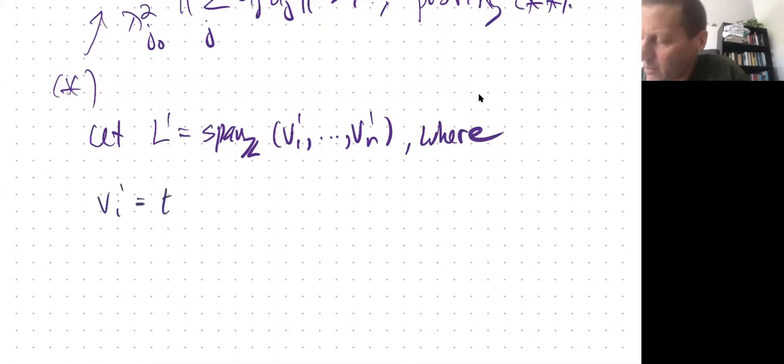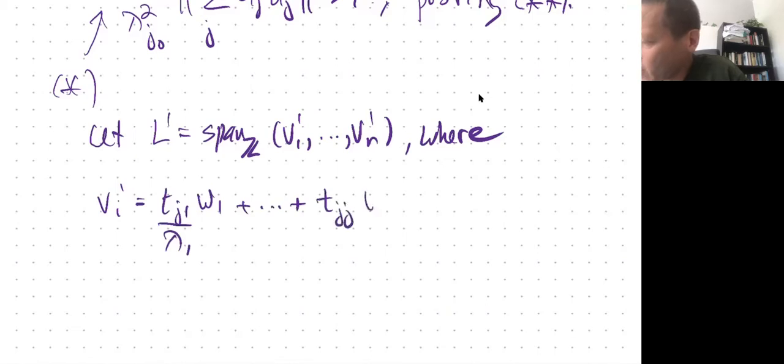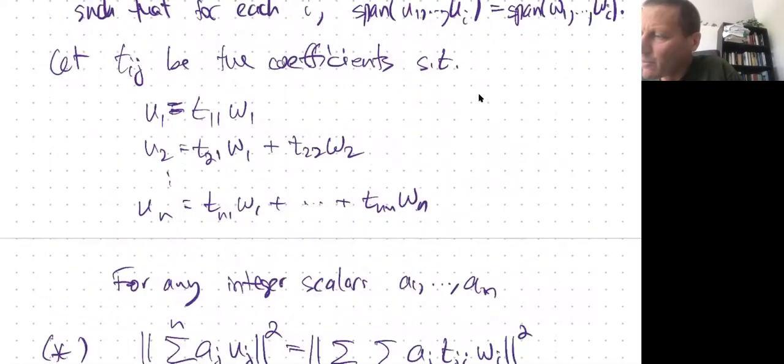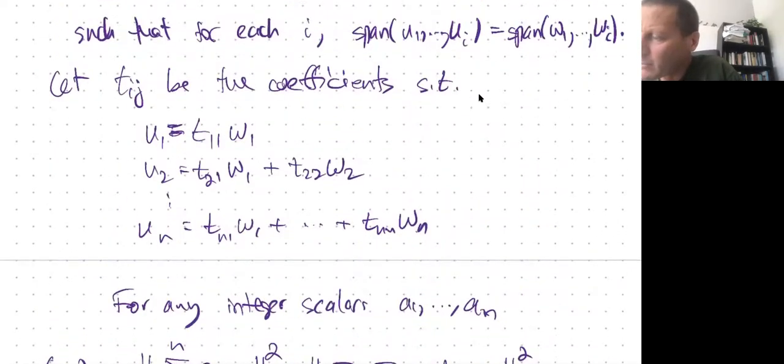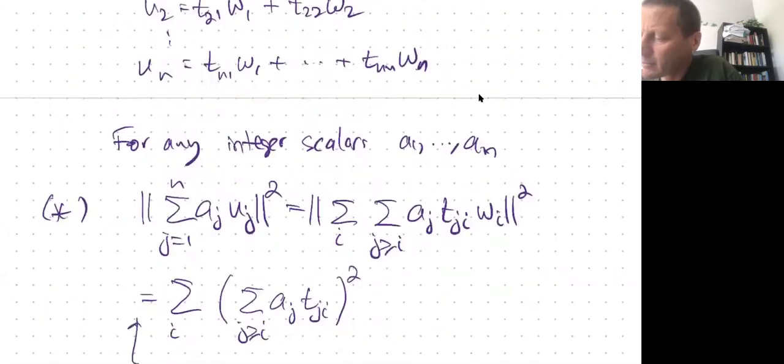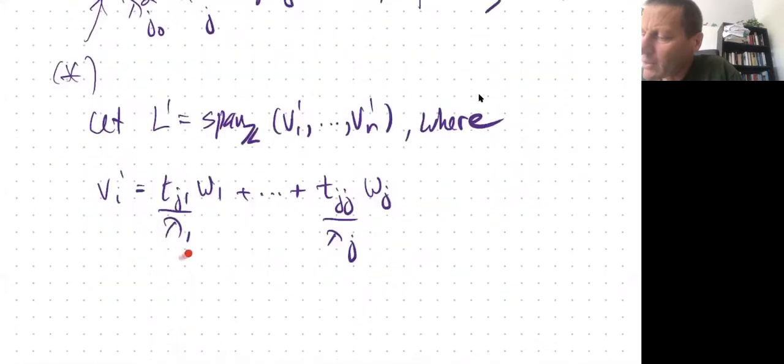Vi prime is Tj1 W1 divided by lambda 1, up to Tjj Wj divided by lambda j. So I'm taking the formula that I had here, and I'm rescaling the Wi's by dividing by lambda i.